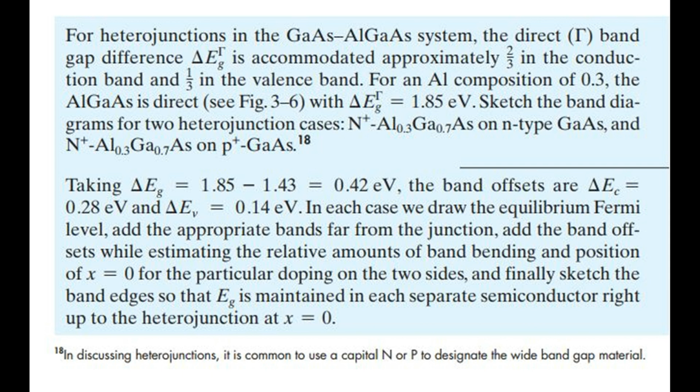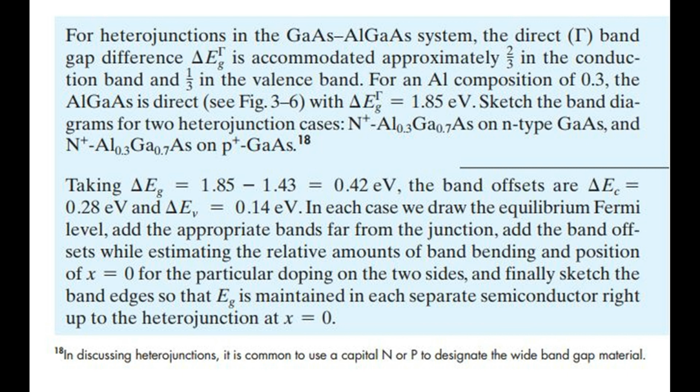Taking ΔEG equal to 1.85 minus 1.43 equal 0.42 electron volts, the band offsets are ΔEC equal 0.28 electron volts and ΔEV equal 0.14 electron volts.